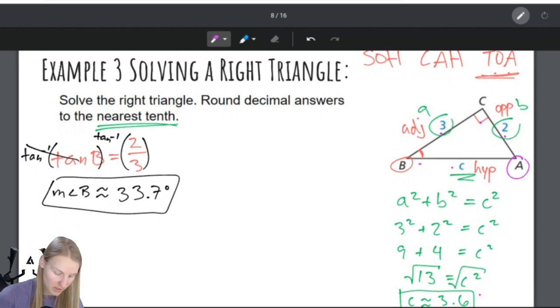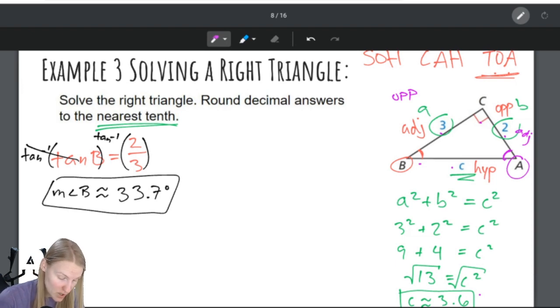Now, we could say, oh, this is the opposite, and this is the adjacent, and we can do all of those things. Or, how many degrees are inside of a triangle? Yeah, there's 180 degrees inside of a triangle.